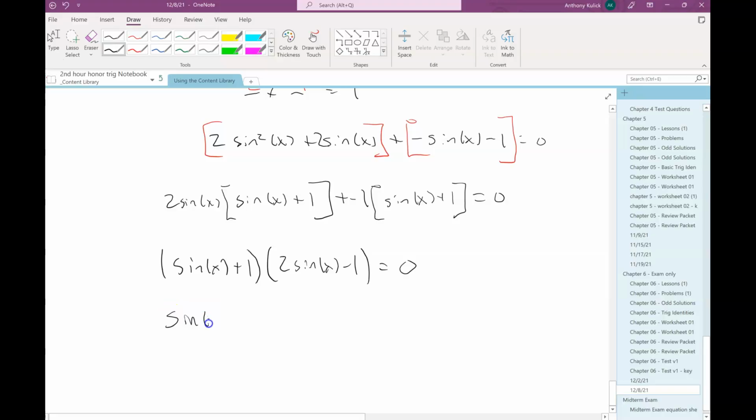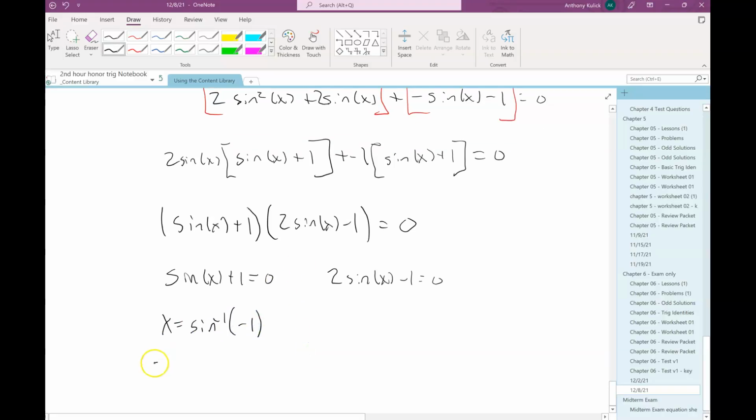And then I can set each of these equal to 0 and solve. So here x is going to equal sine inverse of -1. When I go to my unit circle, that occurs only at 3 pi over 2.